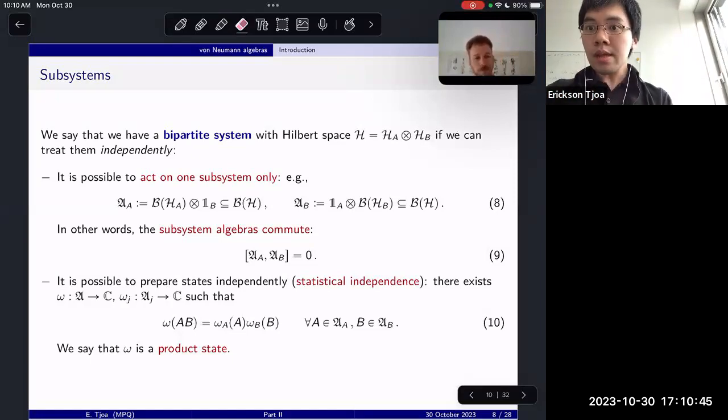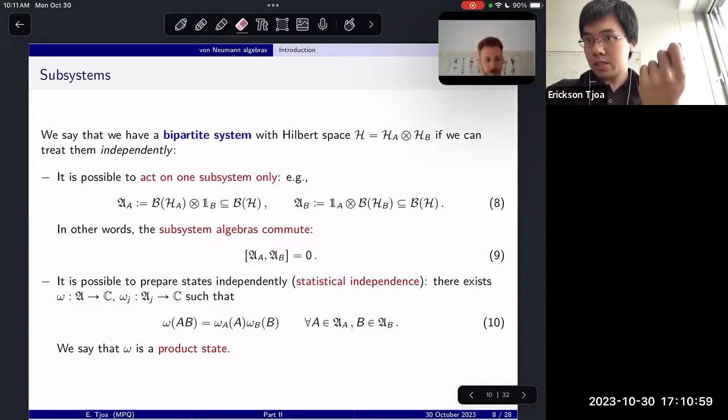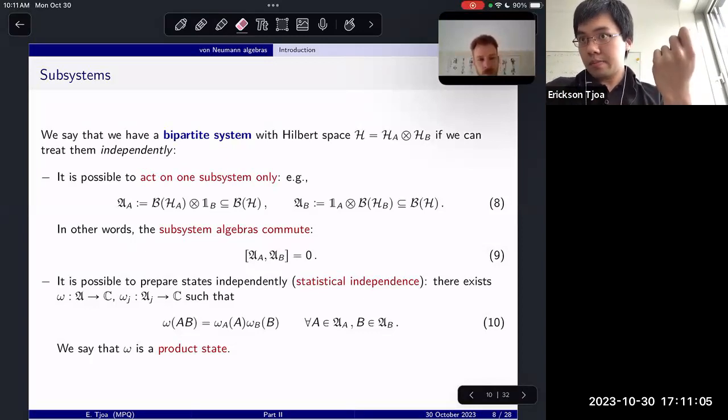Okay, and also equally importantly, in principle, you should also be able to prepare states independently. This is what we call the statistical independence. That means you should be able to prepare a global state on the joint system and also a state on the subalgebras in such a way that the expectation values factorize.